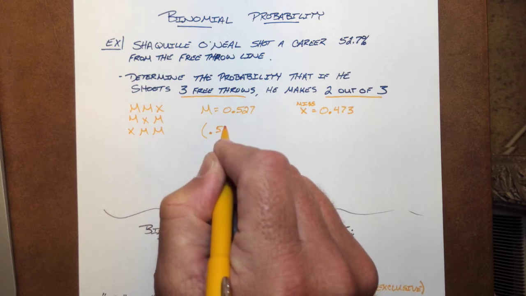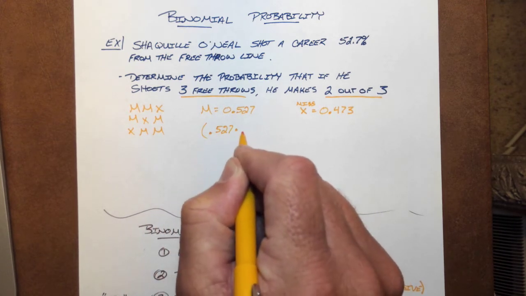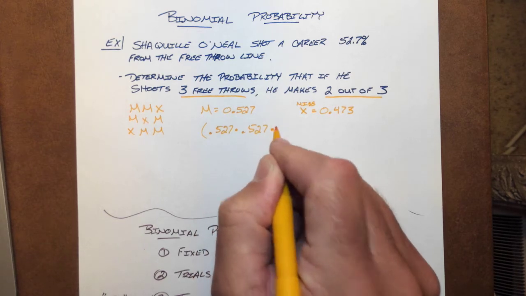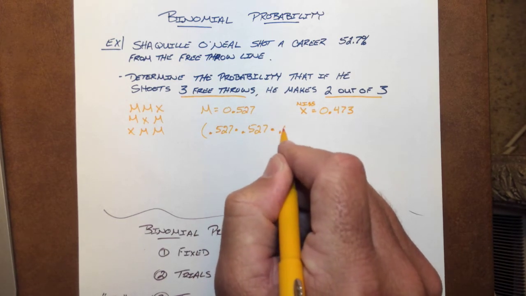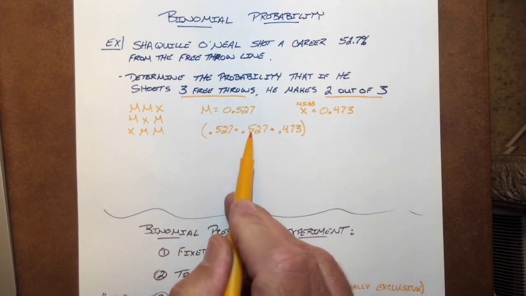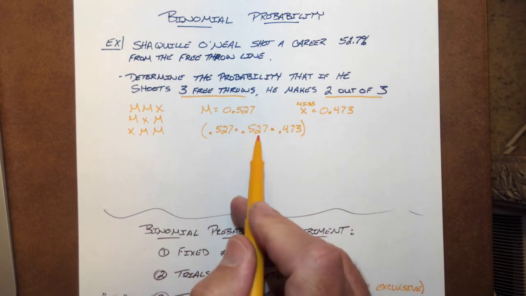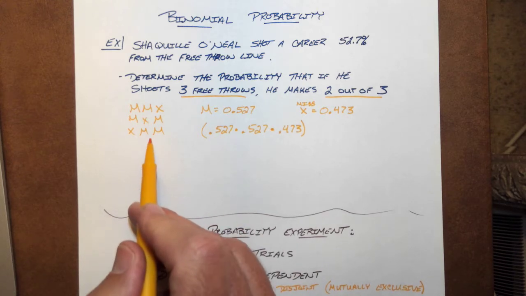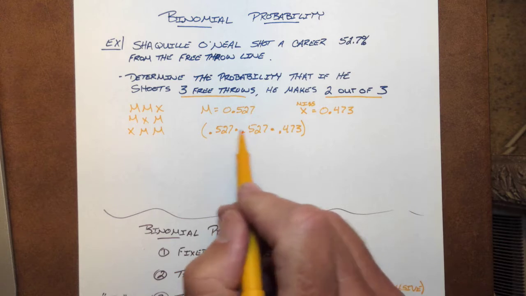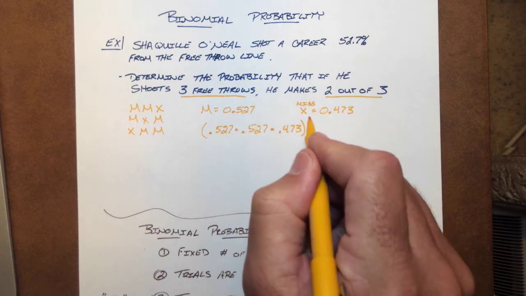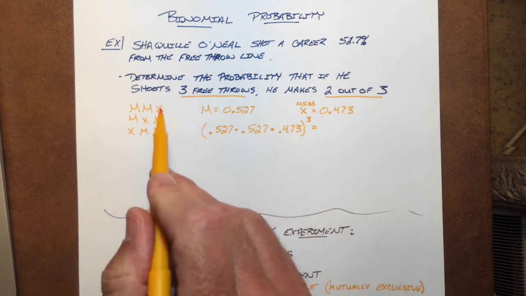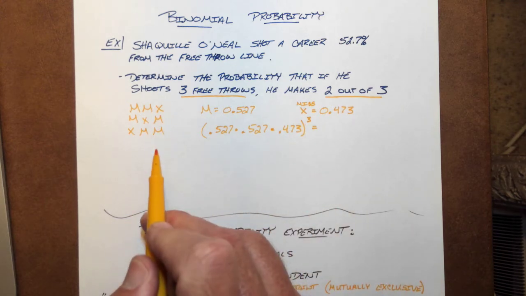So a make, a make, and a miss. Does it have to be in this order? No, we could do this one, then this one, but we need this, or this. Or the simplification of this is to take it to the 3rd power, for all of our different scenarios that could happen.